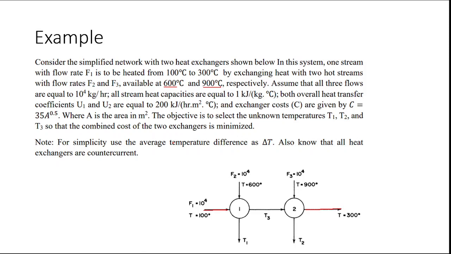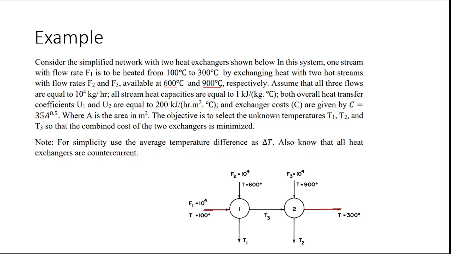Exchanger costs C are given by C equals 35A to the power 0.5, where A is the area in meter squared. The objective is to select the unknown temperatures T1, T2, and T3 so that the combined cost of the two exchangers is minimized. Note, for simplicity, use the average temperature difference as delta T. Also note that all heat exchangers are countercurrent.